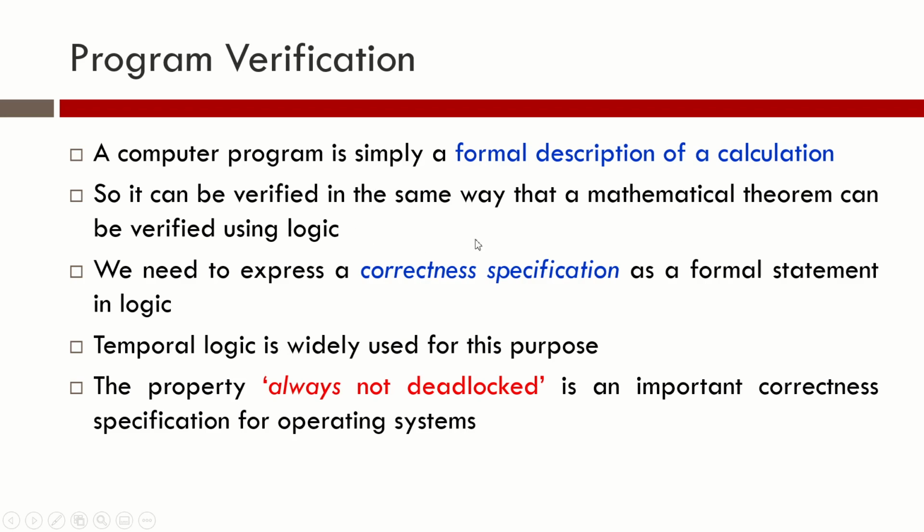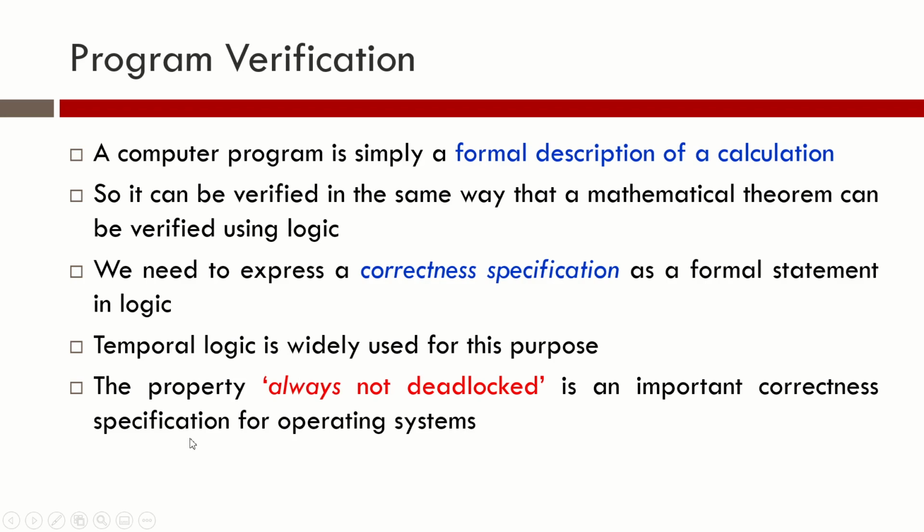To verify this, we need to model the system that we need to test, as well as express the correctness specification, that is, the property that the system should satisfy. That property should be expressed using a formal statement. So we need to express a correctness specification as a formal statement, and to represent this we use temporal logic.